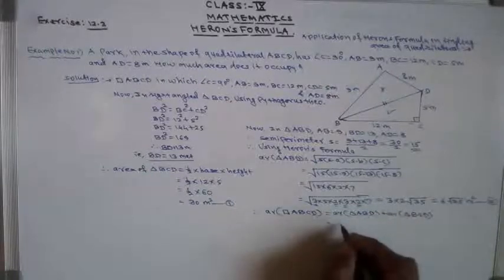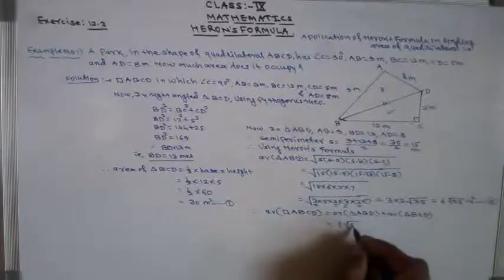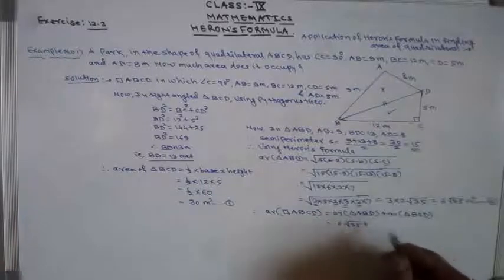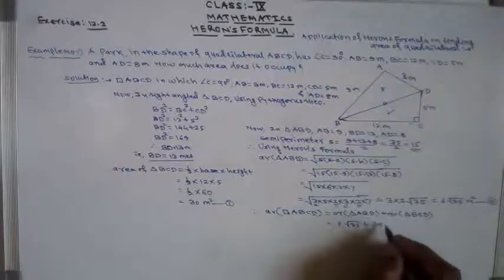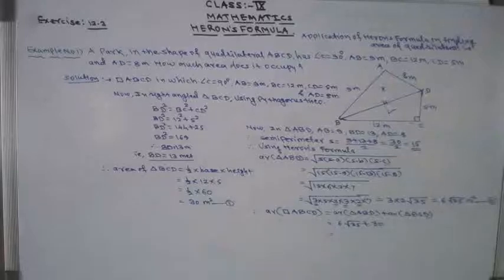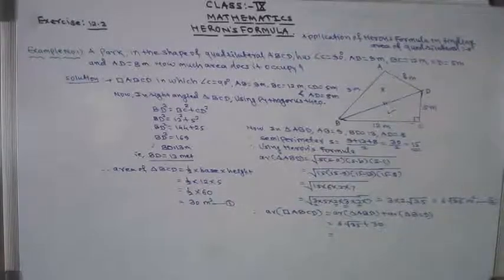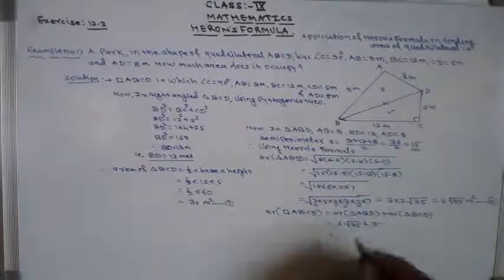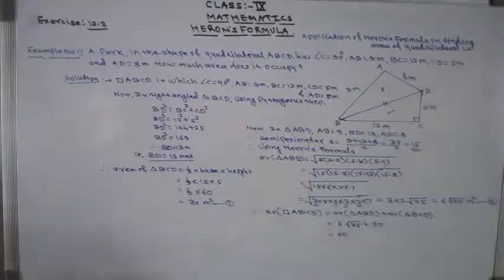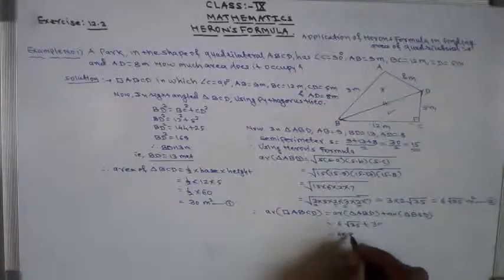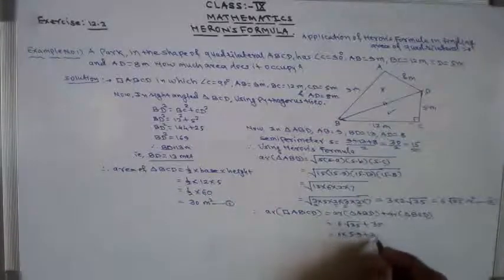So this is 6 root 35 plus this is 30, right? 6 root 35 and plus this, so I think 6 into this root 35 is 5.9, plus 30.